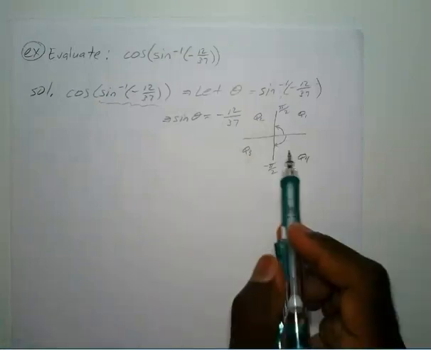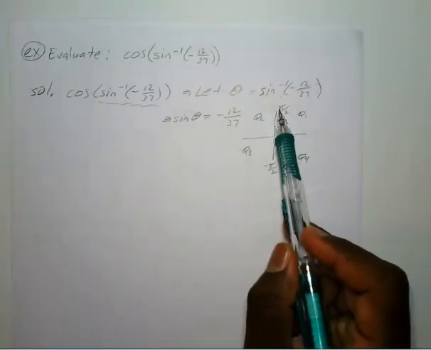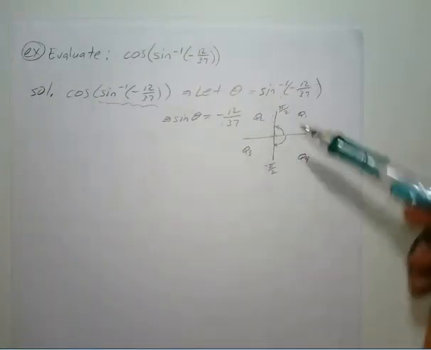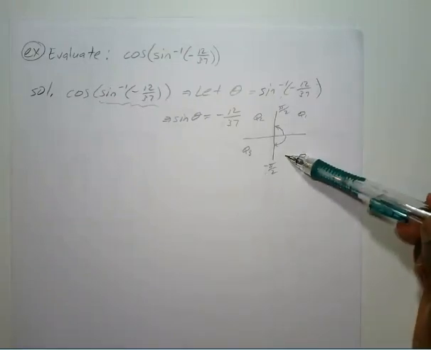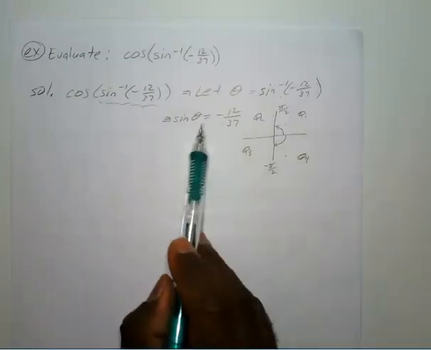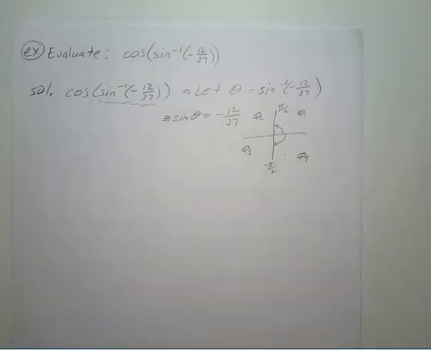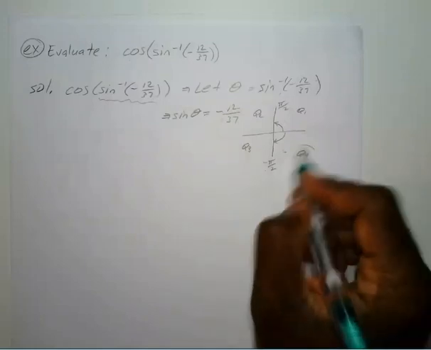We see here that since our interval is between negative pi over 2 and pi over 2, it has to be either quadrant 1 or quadrant 4. And since it's only negative in quadrant 4, we know that this has to be in quadrant 4.